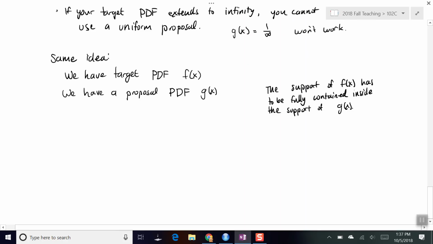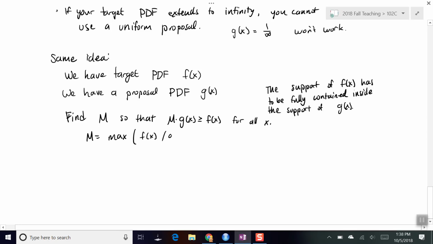Okay, so then find m so that m times g of x is greater than or equal to f of x for all x, and that's basically m is going to equal the max value of f of x divided by g of x.